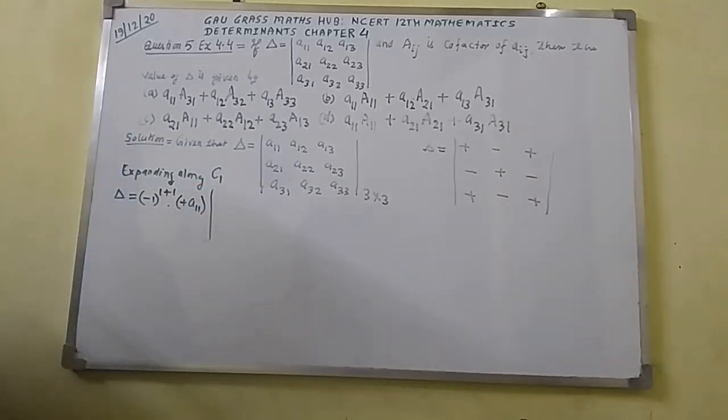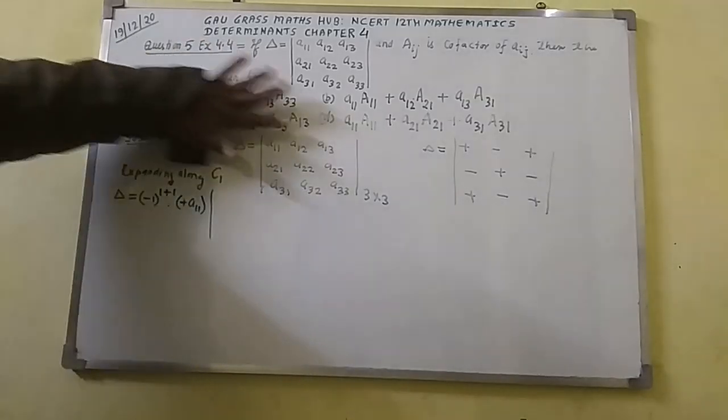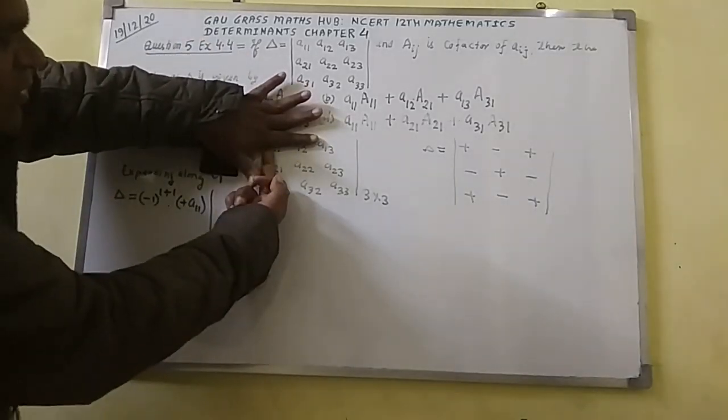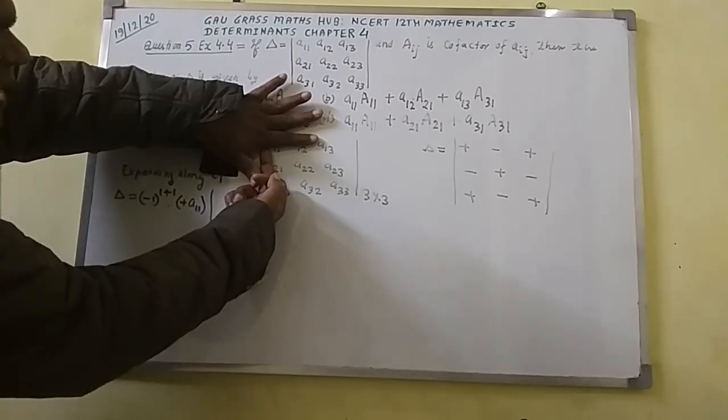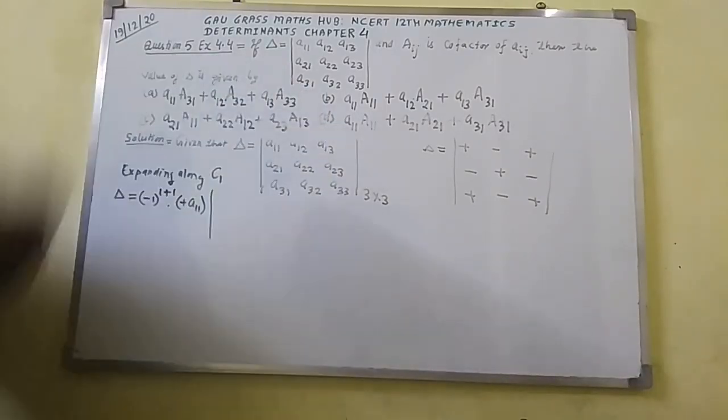Now I shall write the minor of a11. Since a11 is there in the first row and first column, the first row and first column will be hidden. You will get the minor of a11.